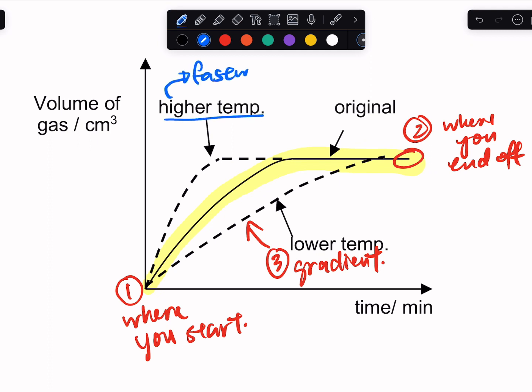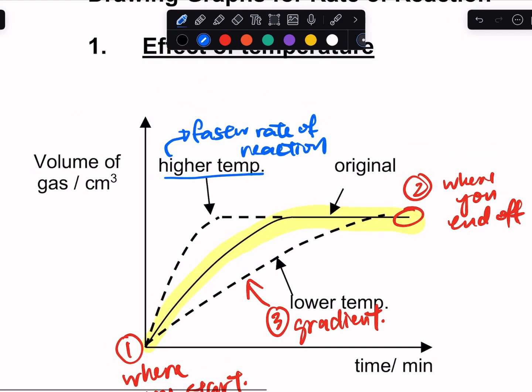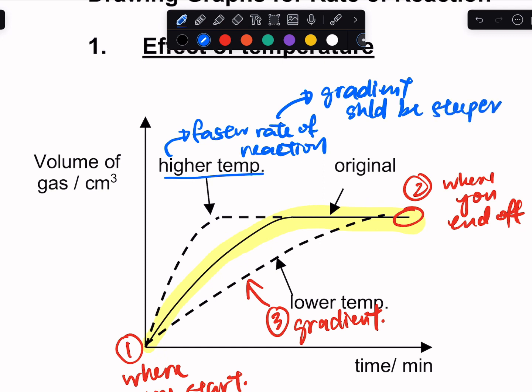Faster rate of reaction, because they move faster, collide more frequently, greater frequency of effective collision, so faster rate of reaction. So higher temperature should be faster rate of reaction, which tells me that the gradient should be steeper, and it is represented here. You see that the starting gradient as compared to the original is steeper.